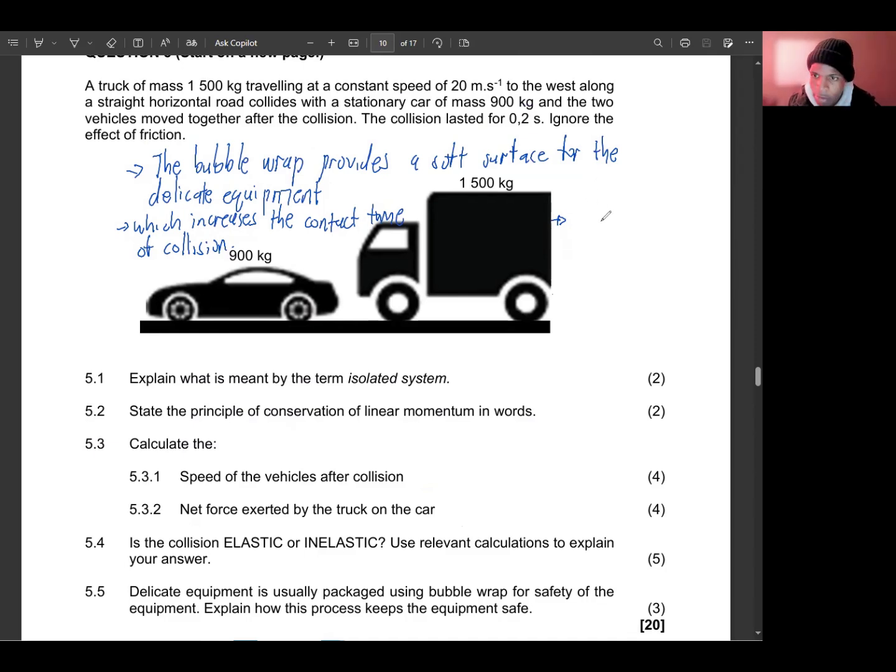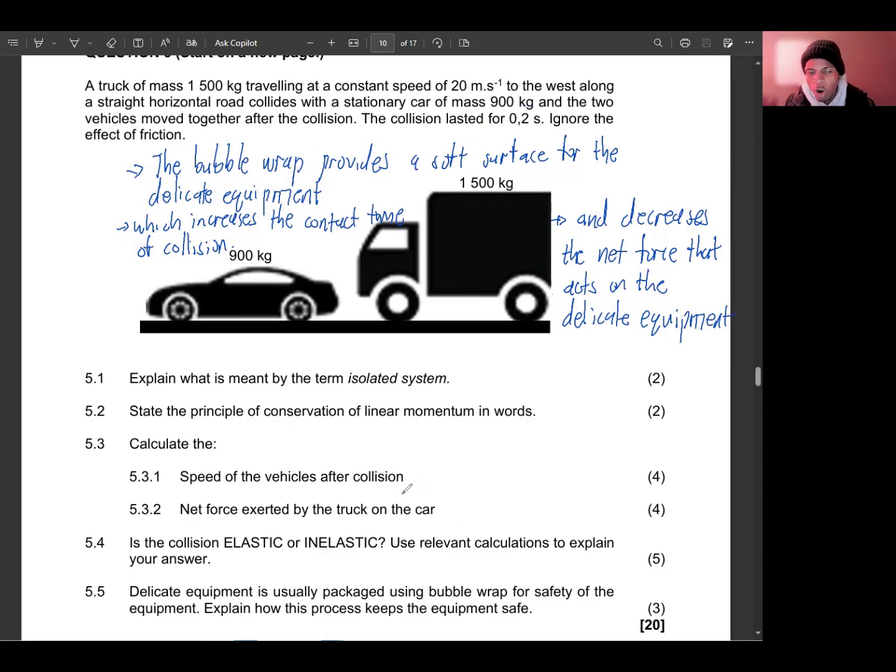It then decreases the net force that acts on the delicate equipment. So that's basically that. So that's your point 1, point 2, and then point 3.